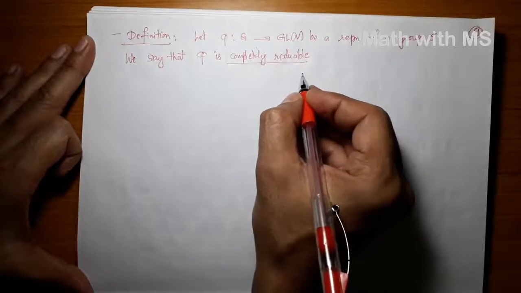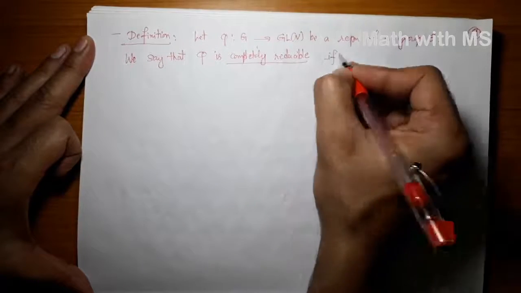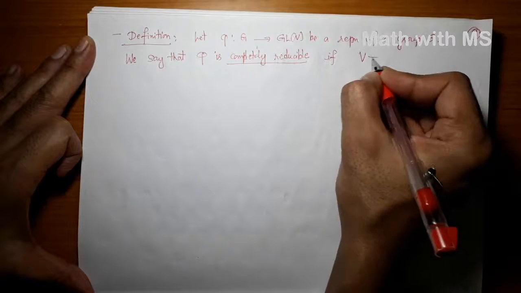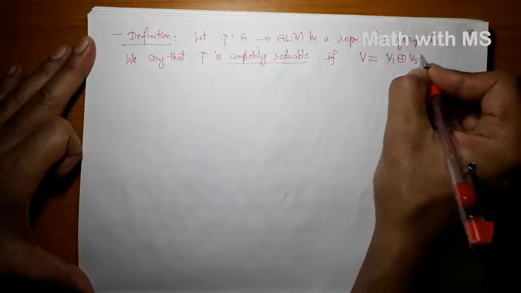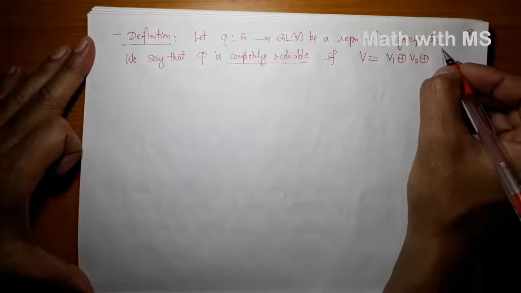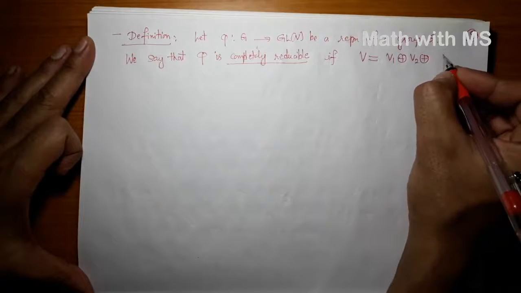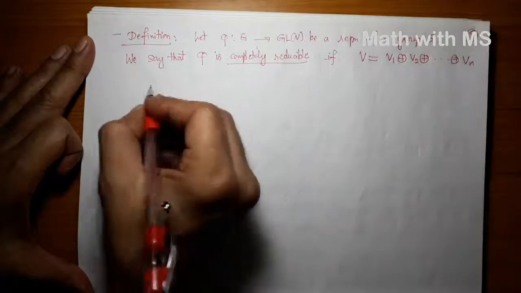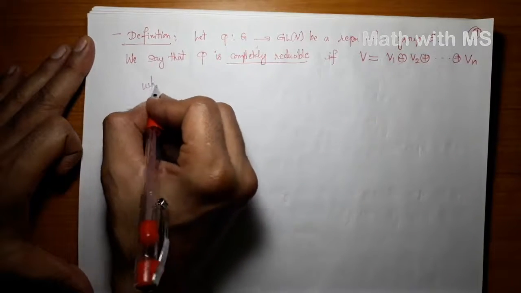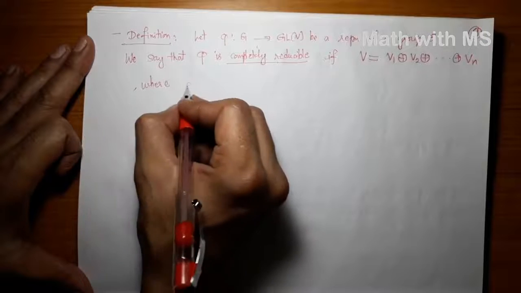It can be completely reduced if we can write our vector space V as a finite internal direct sum of invariant subspaces, V = V1 ⊕ ... ⊕ Vn. Of course our vector space is finite, so it has to be finite.